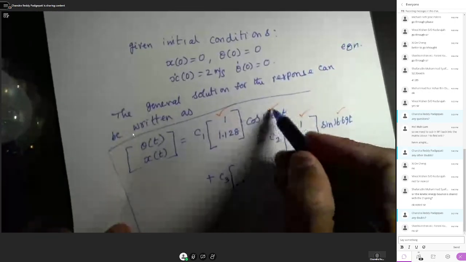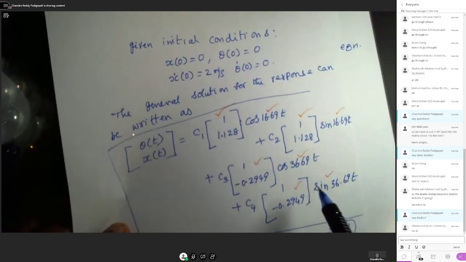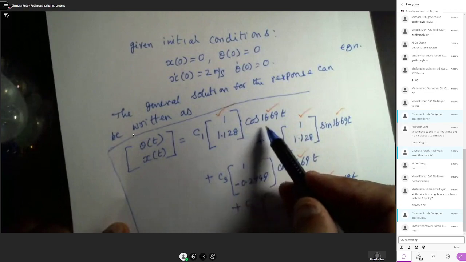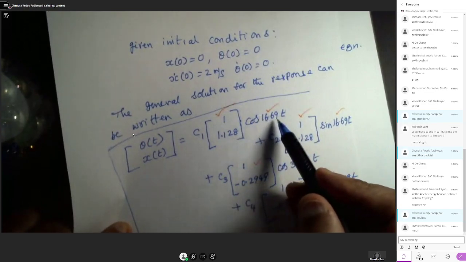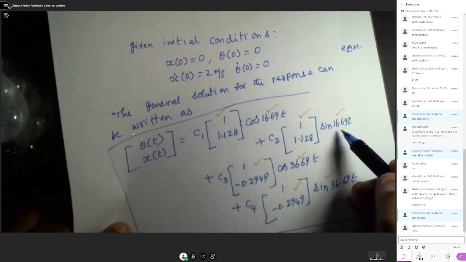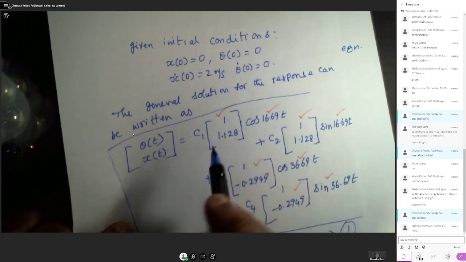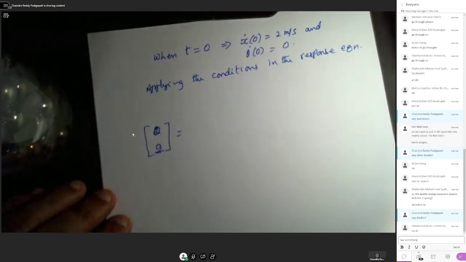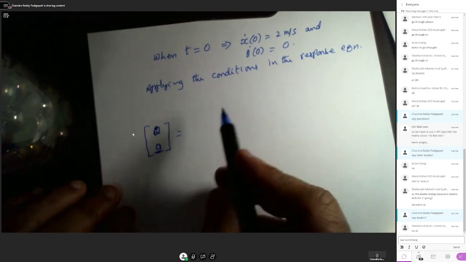So I need to differentiate this, this, and this. If you differentiate cos omega t, you will get minus omega sine omega t. Similarly, sine omega t, if you differentiate, you get omega cos omega t. So write down similarly.